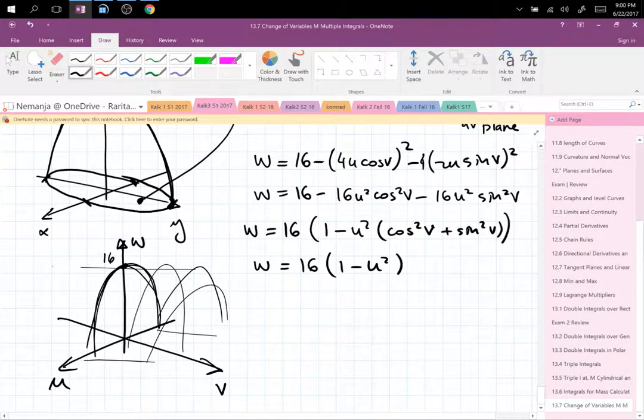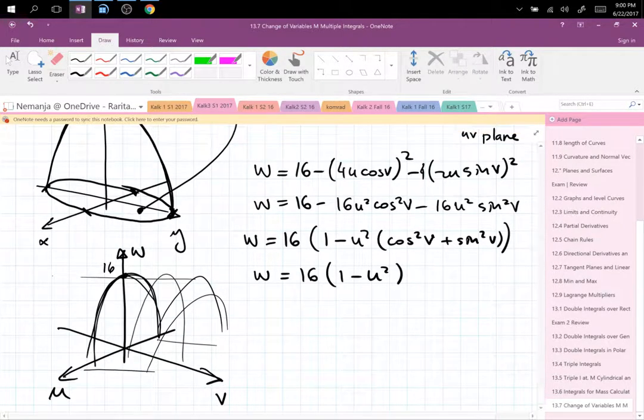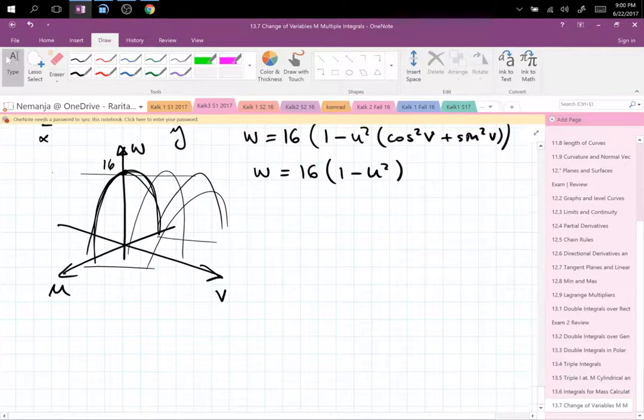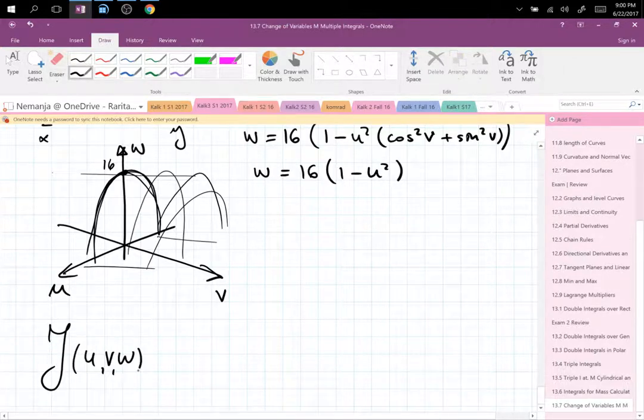Easy to integrate, right? We are integrating z, which is just w. So we are going to put 3 integrals and then, oh, I forgot the Jacobian. Jacobian of u, v, w. And now we have, oh, we're going to cry here.